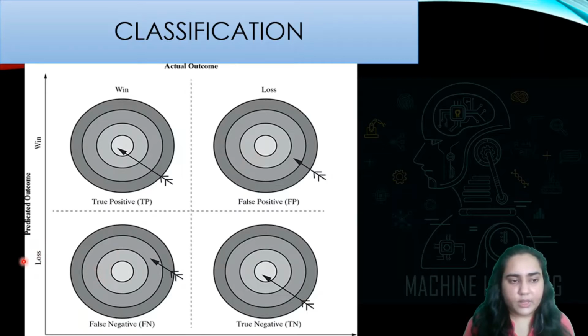And next you have the actual outcome, which is loss, and the model did not predict loss. The model said the team would win, which you can see here. So this is a false negative, and you can see the arrow not hitting the bullseye. And the fourth case was where the model predicted loss and the team had actually lost. So it's a true negative case, and you can see the arrow hitting the bullseye.